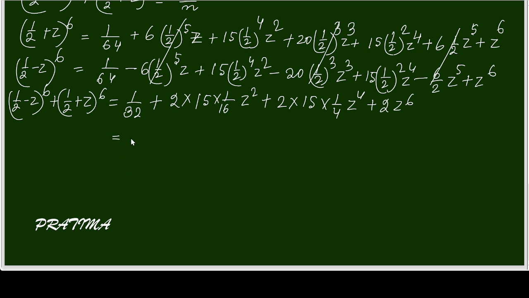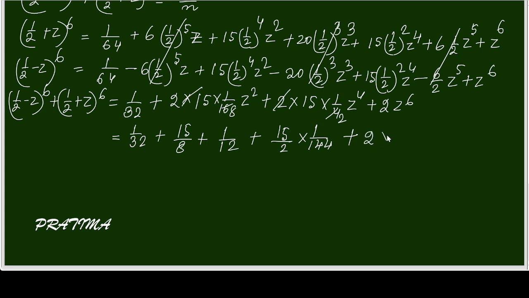So it will be 1 by 32 plus 15 by 8 z square, which is 1 by 12 as we have calculated, plus 15 by 2 z to the power 4, which is 1 by 144 (z square squared), plus twice z to the power 6, which is 1 over 1728.